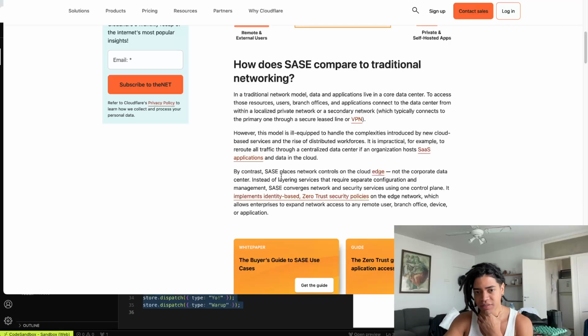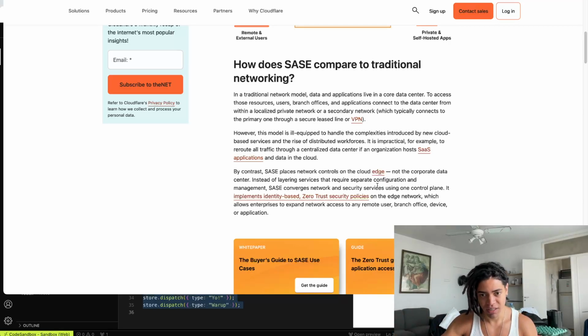By contrast, SASE places network controls on the cloud edge, not the corporate data center. So instead of layering servers that require separate configurations and management, SASE converges network and security services using one control plane.